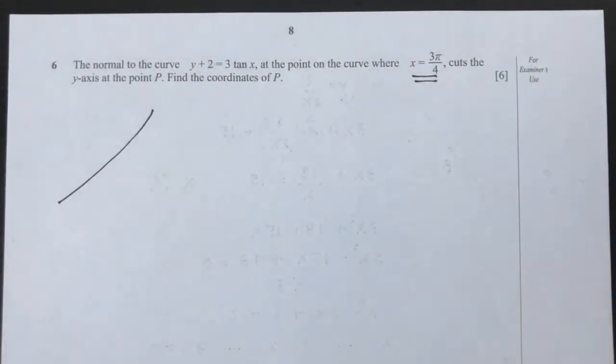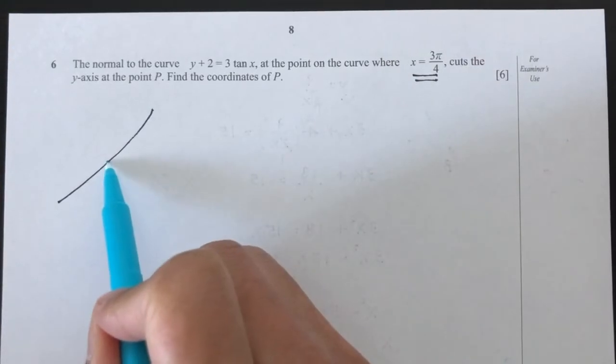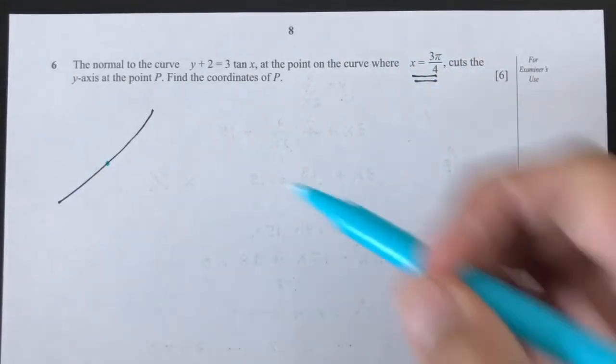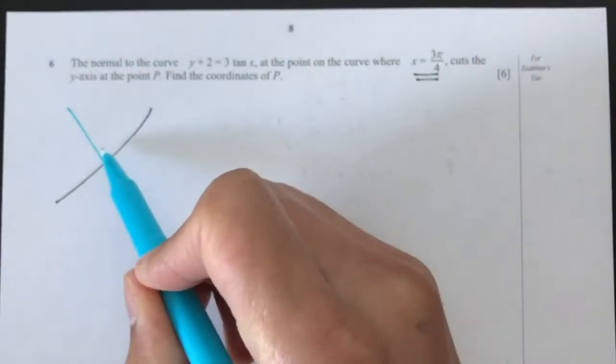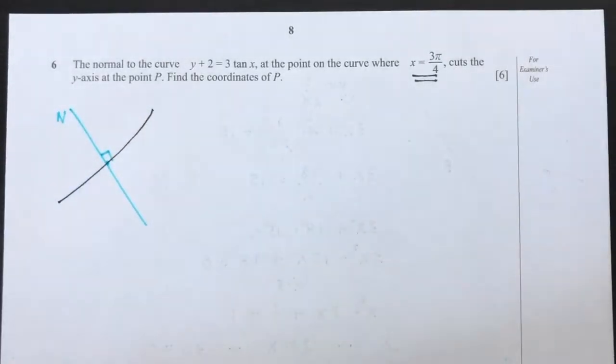And now what we are saying is that the normal to the curve at this point, let's say this is the point x equal to this value. The normal to the point means a line that crosses the curve at 90 degrees. Let's call this line N, normal.